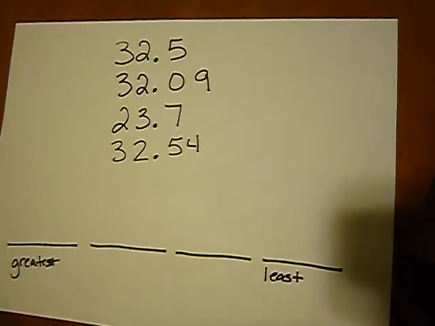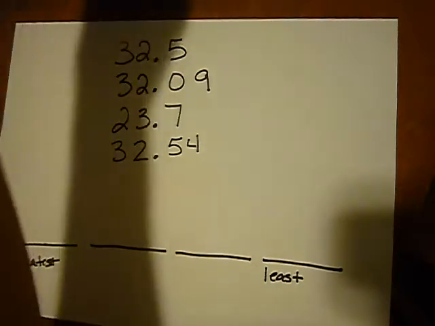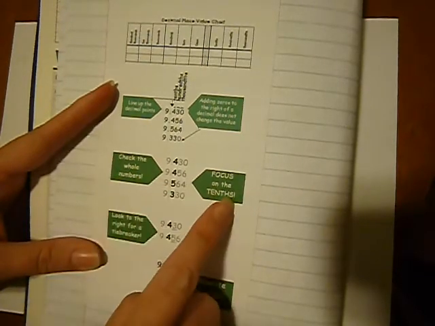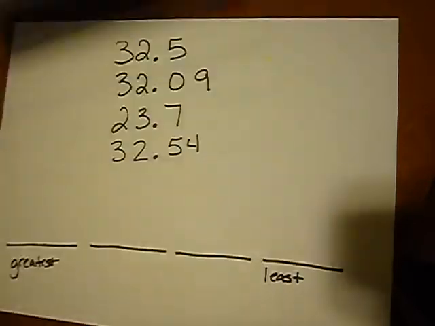Okay, if we check our journal to see what our strategies were, here's our page on comparing and ordering decimals. We lined up our decimal points, and our next step is to check those whole numbers and then focus on the tenths.